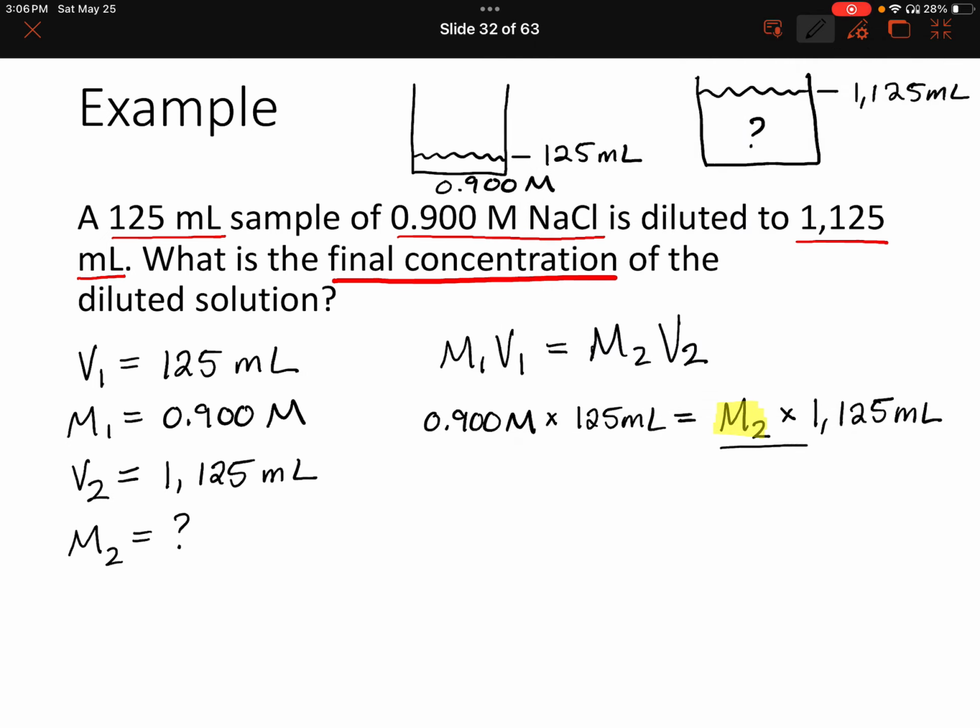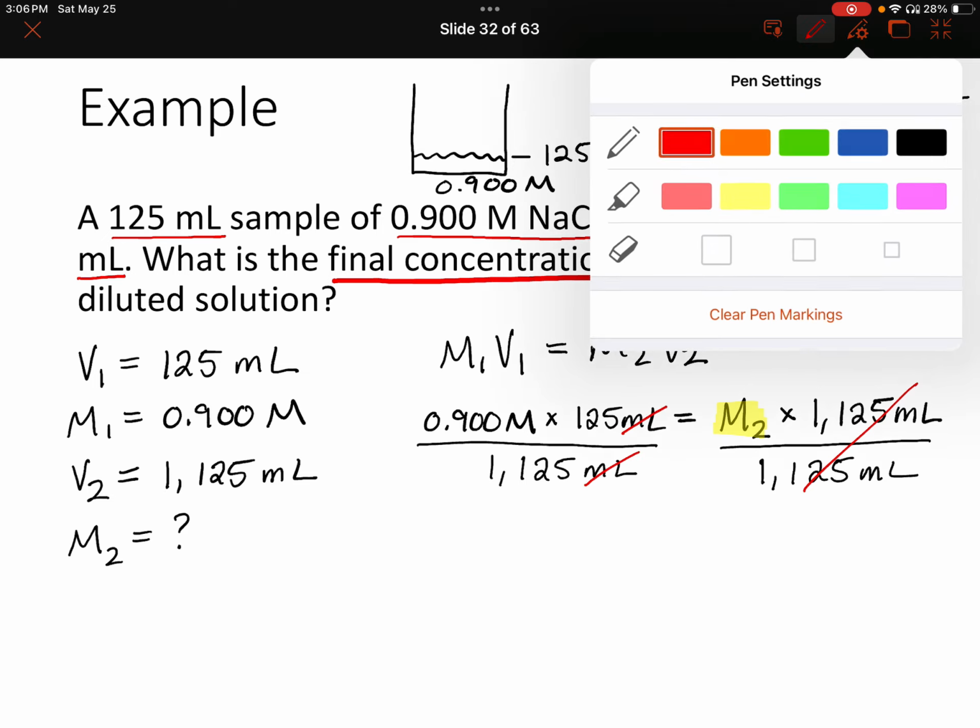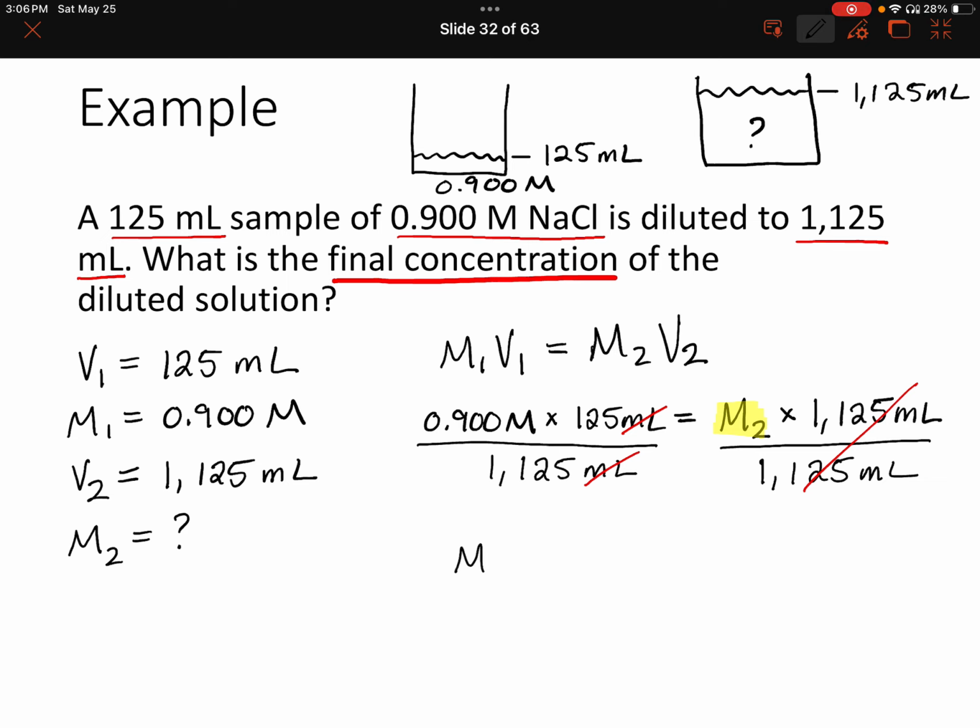All right, so it looks like we're going to need to isolate M2. So let's just divide both sides by 1,125 milliliters. All right, so milliliters will cancel. And let's see, M2 is equal to 0.9 moles per liter times 125 divided by 1,125.